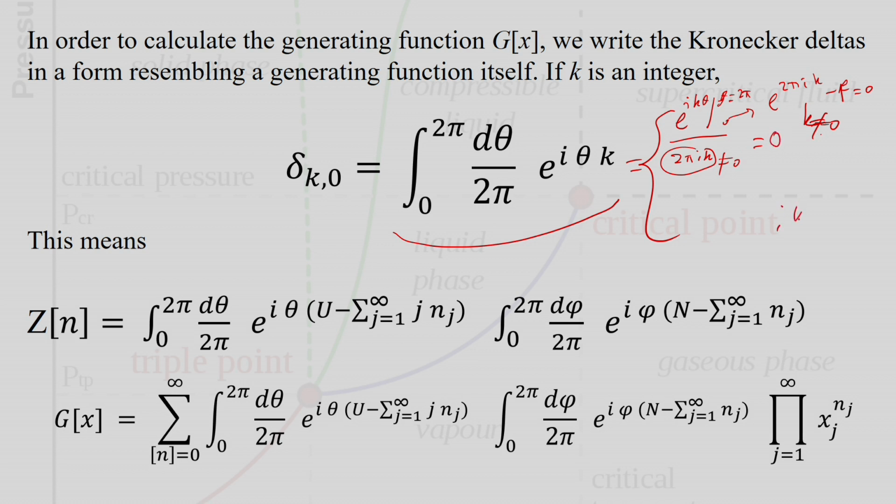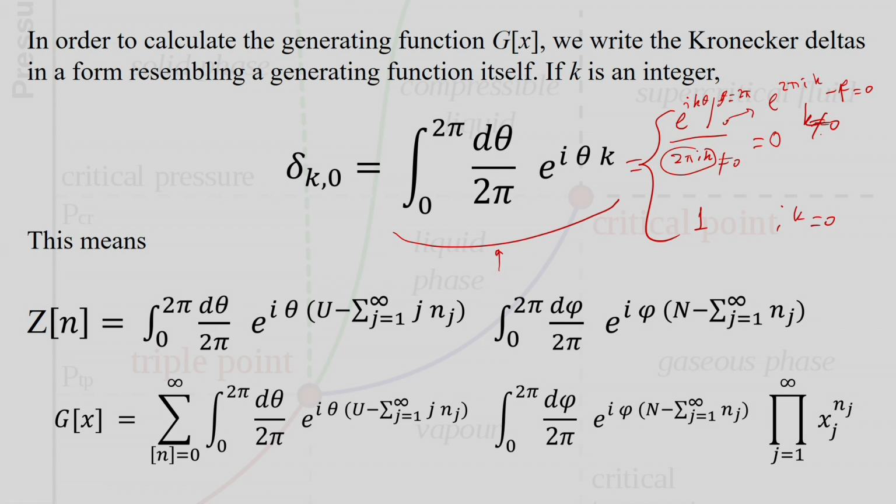But what if k is 0? So, if k is 0, clearly then this becomes 1. So, when this is 1, I simply integrate over theta and I get 2 pi, and there is already a 2 pi there. So, the answer is 1. So, I get the result that when k is not 0, the answer is 0, and when k is 0, the answer is 1. So, this is clearly the Kronecker delta symbol. Alright.